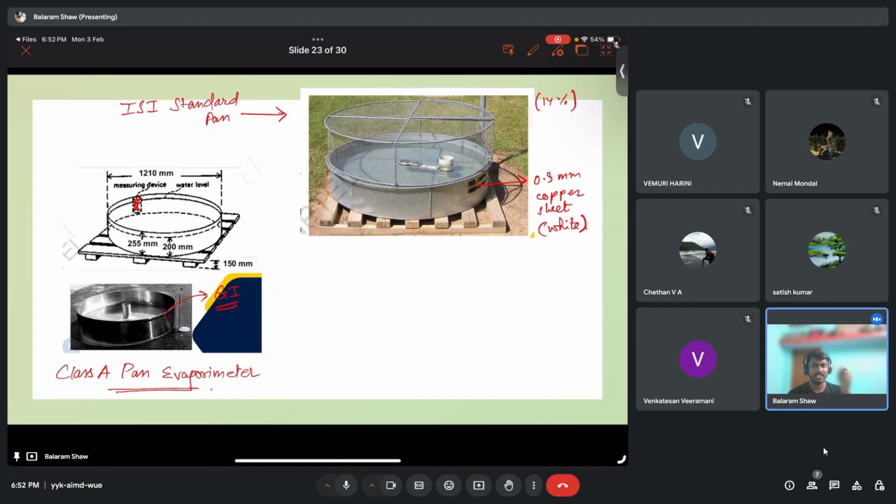So for all this, for identical climatic and exposure condition, for each of the pan evaporimeters, we'll consider some coefficient which we can multiply with that.